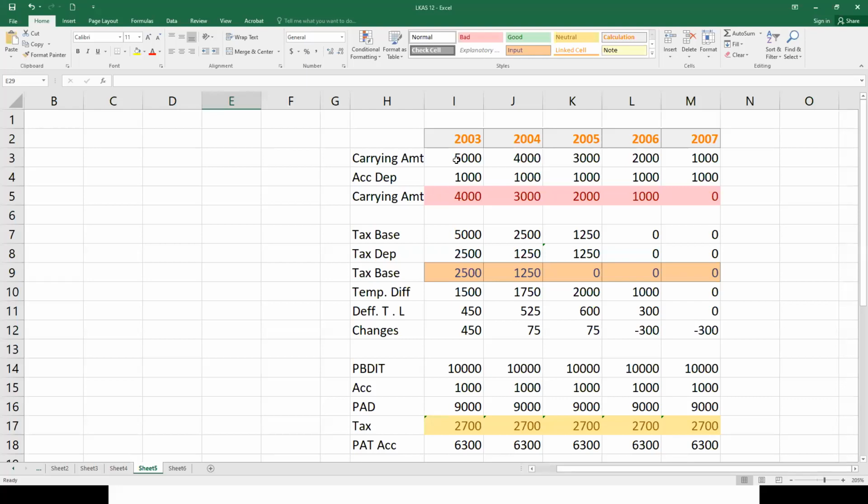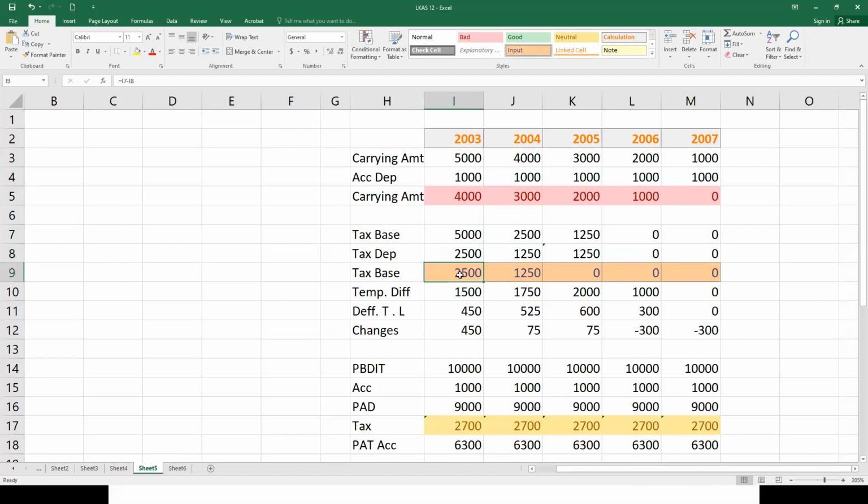From this, we calculated the carrying amount based on the accounting depreciation of 20% at the end of the period, and this balance will go here. Likewise, we calculate this area, and again we calculated the tax depreciation, which is given as per the government instructions.